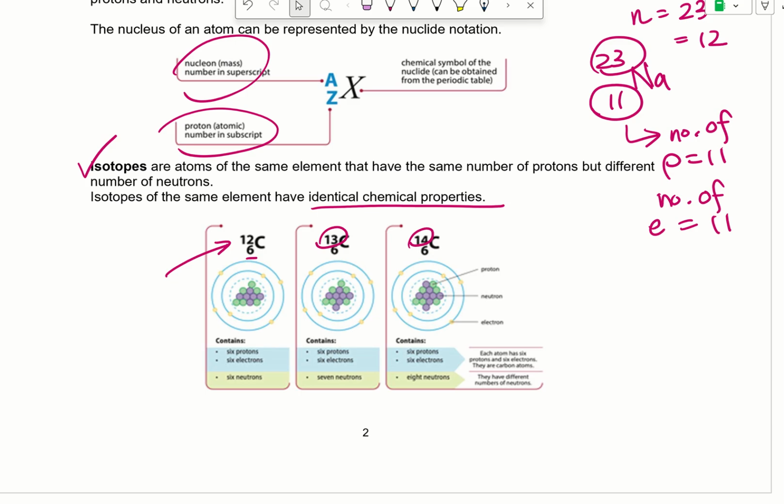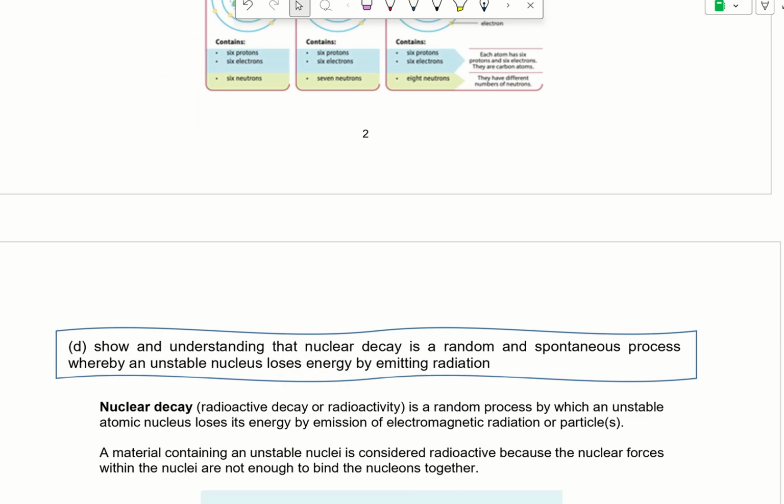Then for the same carbon, some actually have more neutrons. This one has 8 neutrons, this has 7 neutrons, and the original one has 6 neutrons. These are isotopes.